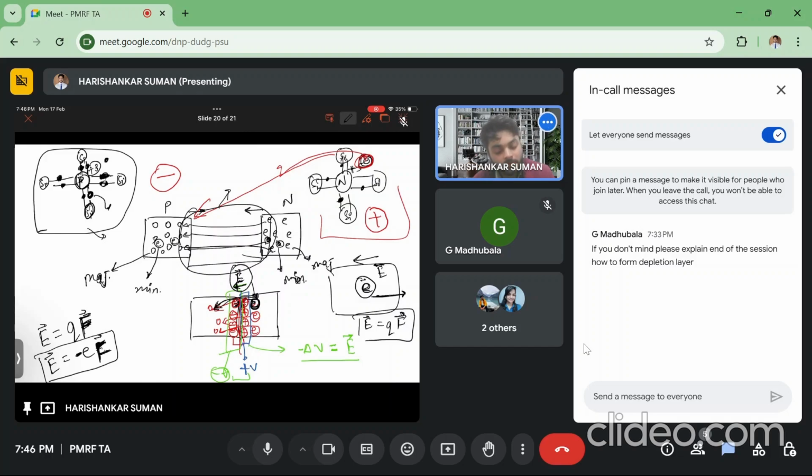Yes, and equilibrium is reached. The electric field is equivalent to the diffusion field. There is no further movement of electrons and holes, and this region is known as the depletion region. That much.